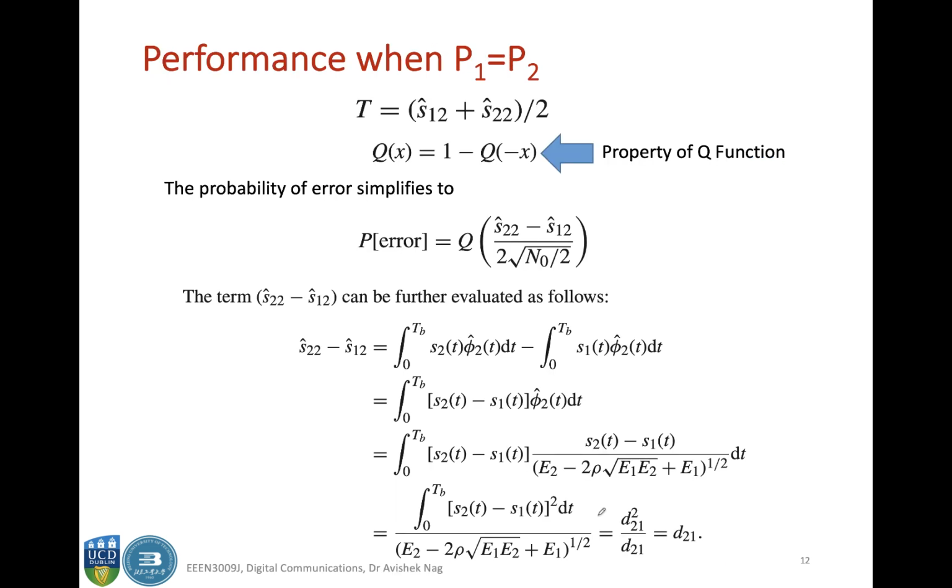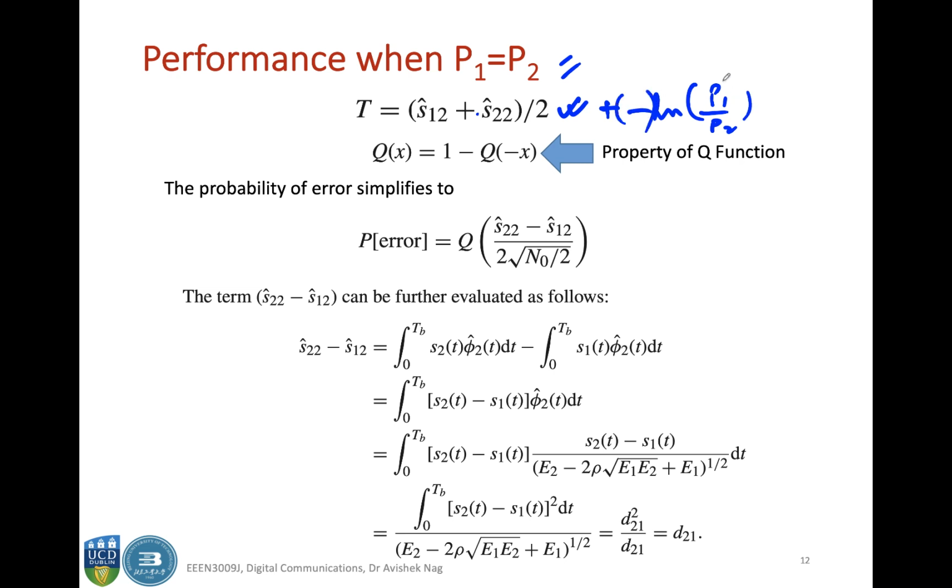Going back to the probability of error expression, if you set p1 equal to p2, then your threshold expression reduces to this term. You remember that in your threshold expression it was this term plus some log of p1 by p2 type of term with some constant.